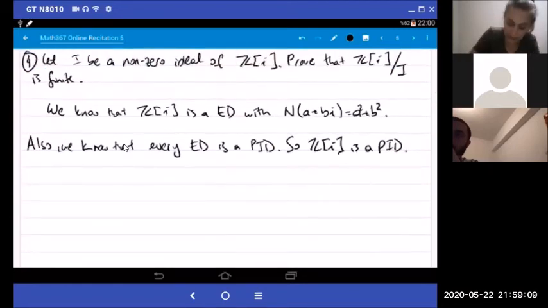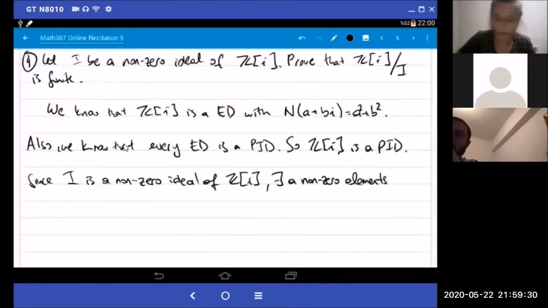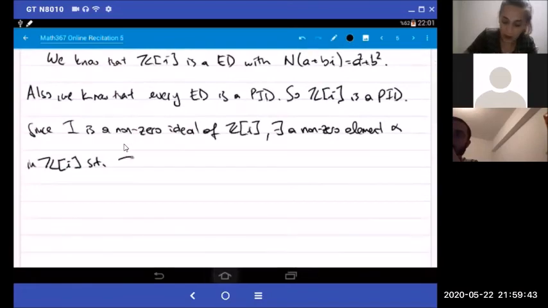Okay. Now, since I is a non-zero ideal of Z[i], this means that there exists a non-zero element alpha in I such that I is generated by this alpha.